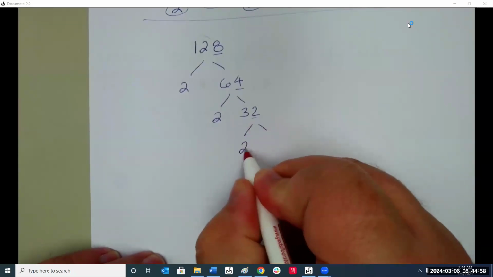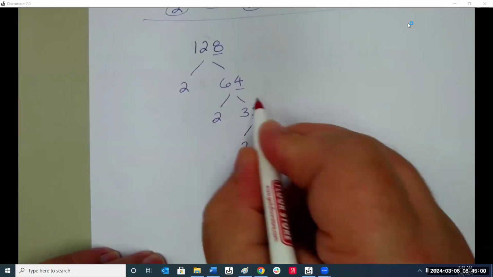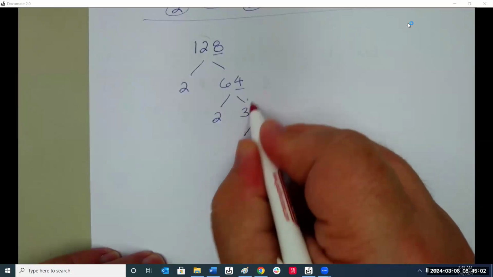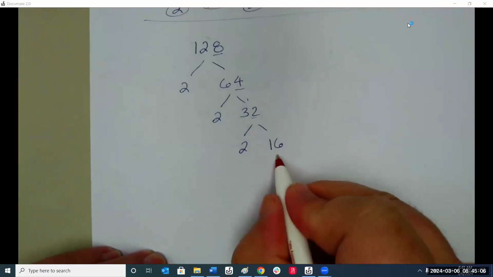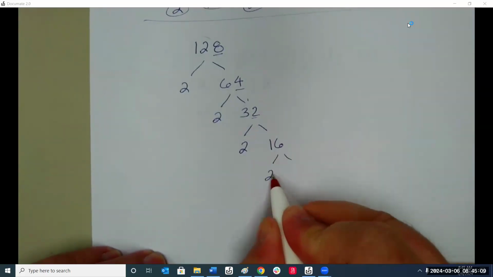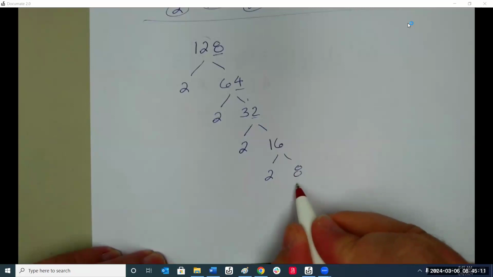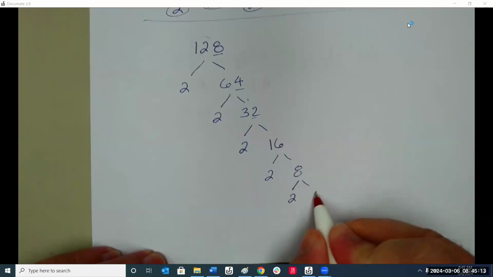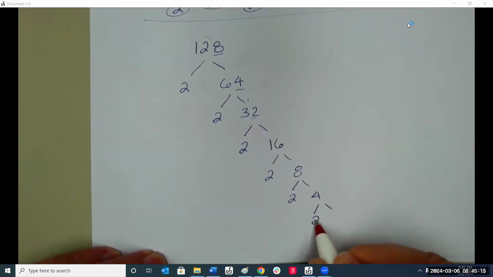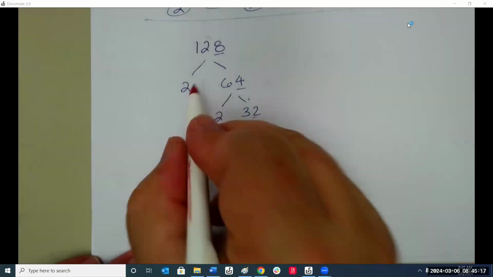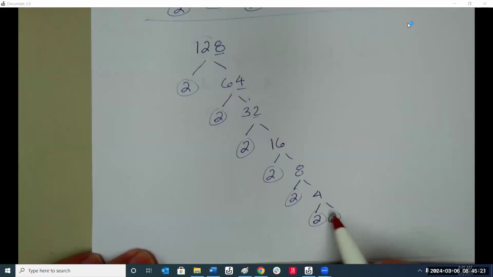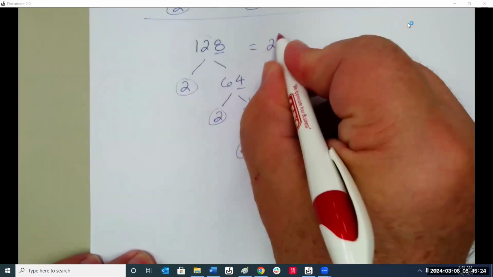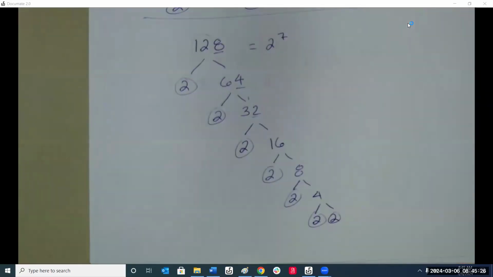Ends in an even number. 2 goes into 3 once with 1 left over. And 2 goes into 12 6 times. 2 goes into 16 8 times. 2 times 4. 2 times 2. 3, 4, 5, 6, 7. So the answer is 2 to the 7th.